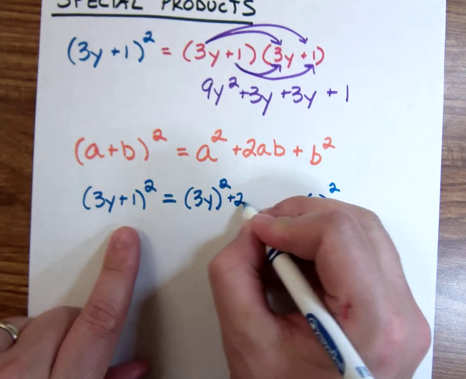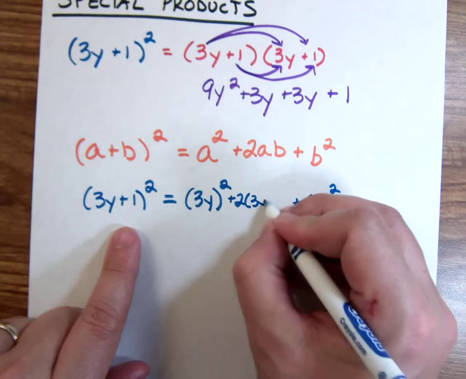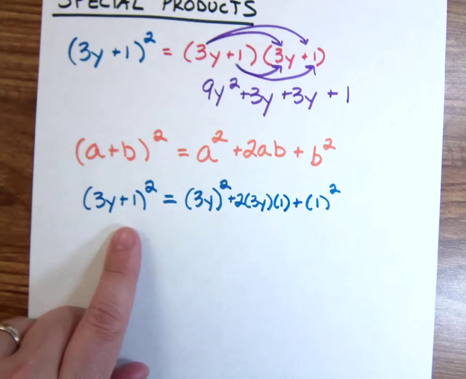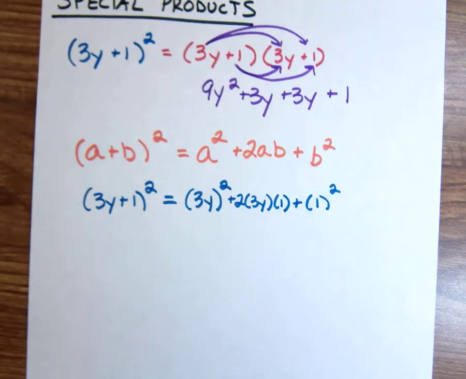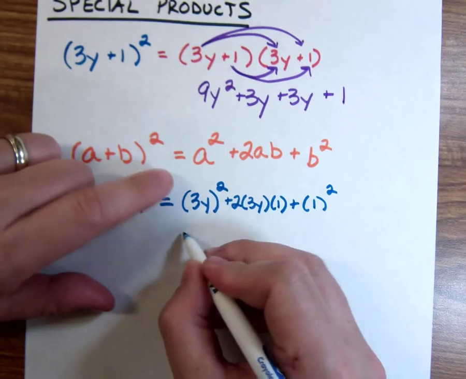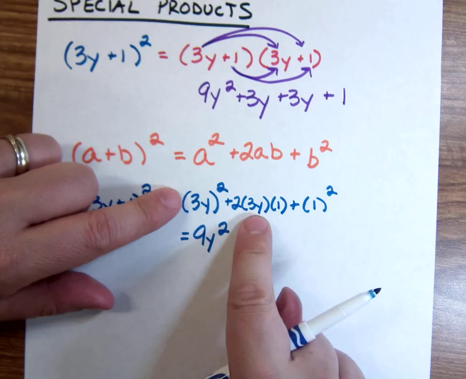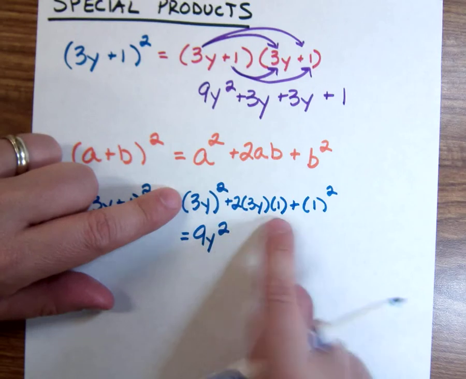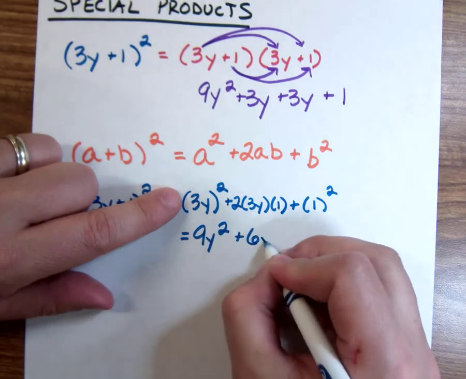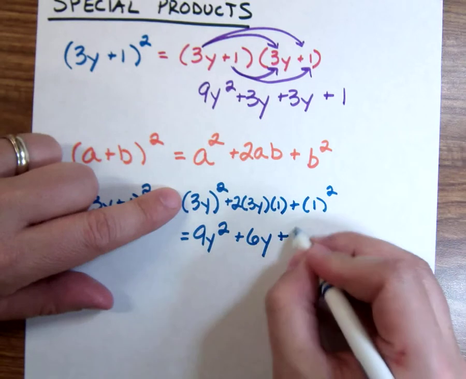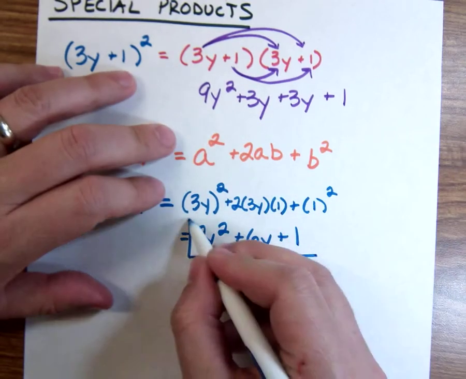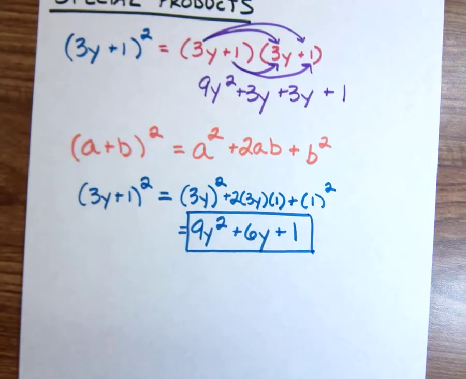So 2 times the first thing times the last thing. So 3y squared is 9y squared. 2 times 3y is 6y times 1 is 6y. And on the end, 1 squared is 1. A very handy shortcut.